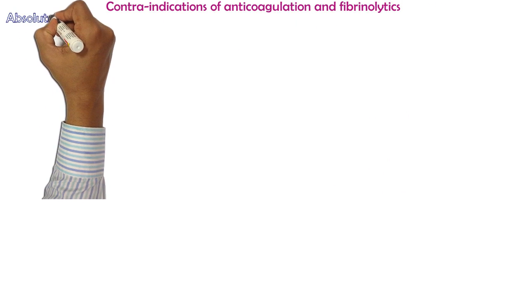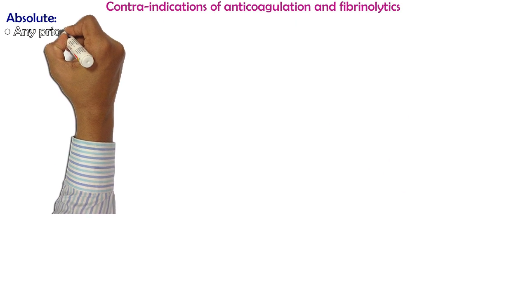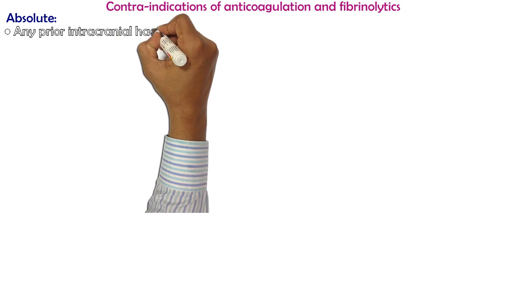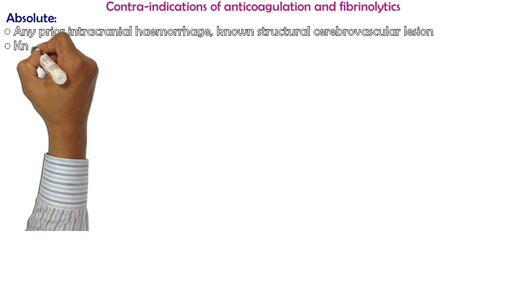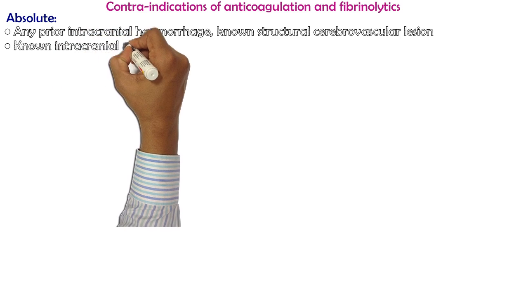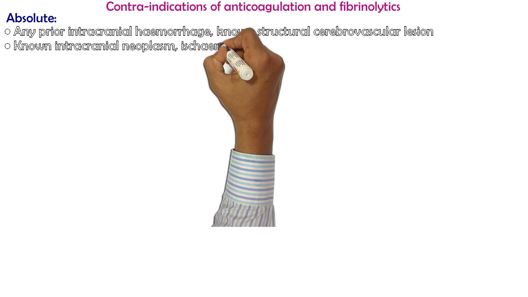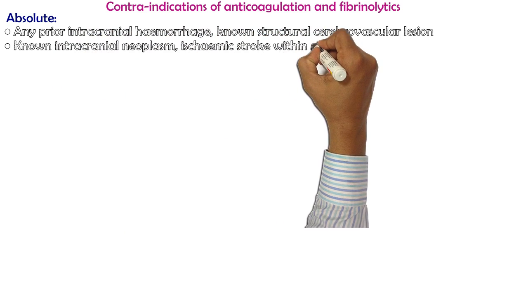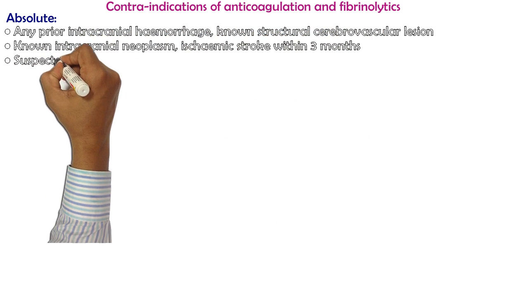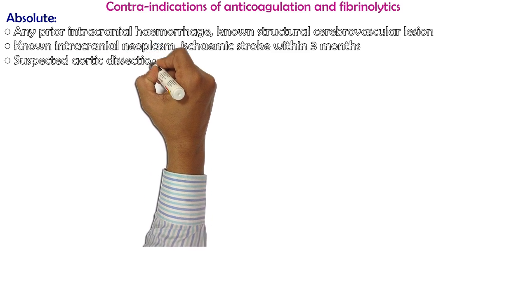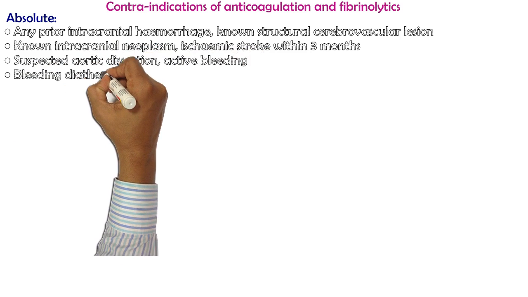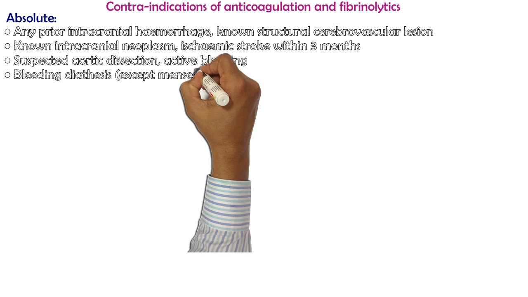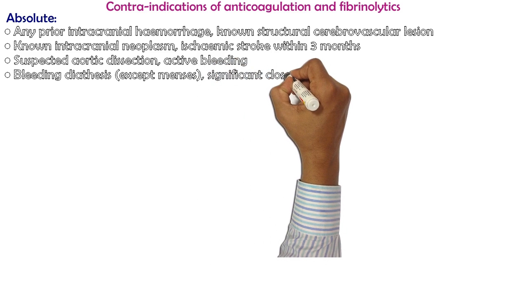So the absolute: any prior intracranial hemorrhage, such as cerebrovascular lesion, if there is a known intracranial neoplasm or any other space-occupying lesion, if the patient has had an ischemic stroke within 3 months, if the patient has a suspected aortic dissection, or the patient actively bleeds, or the patient has other underlying bleeding diathesis apart from menstruation, history of head or facial trauma within the last 3 months, these are absolute contraindications.